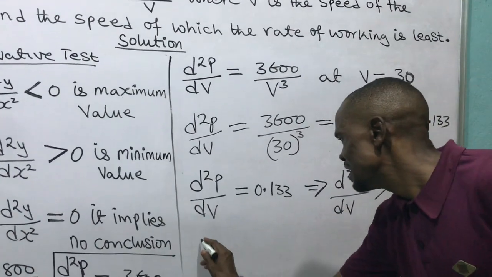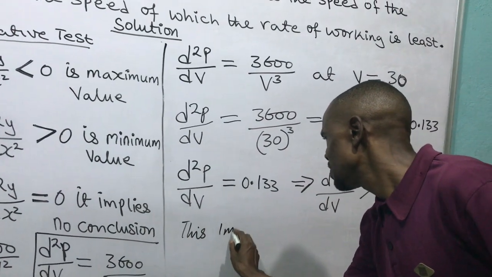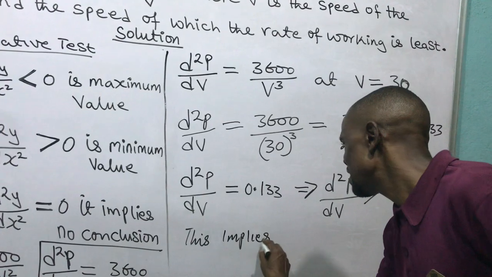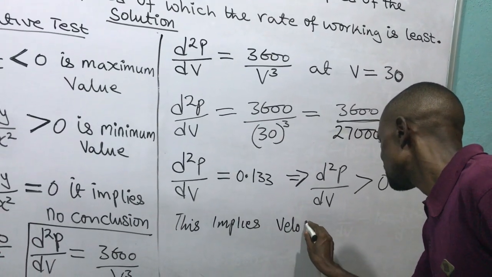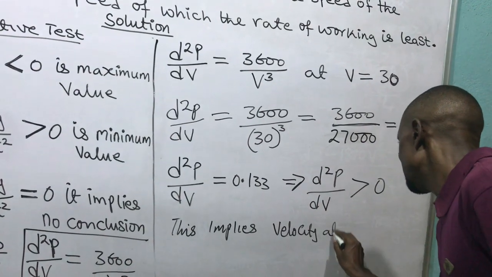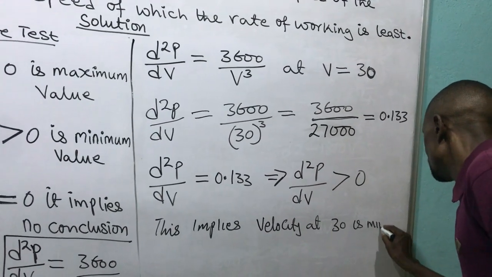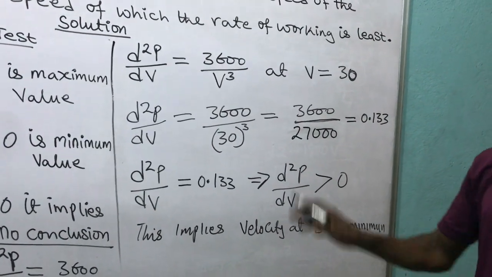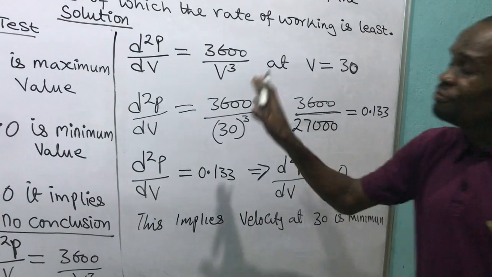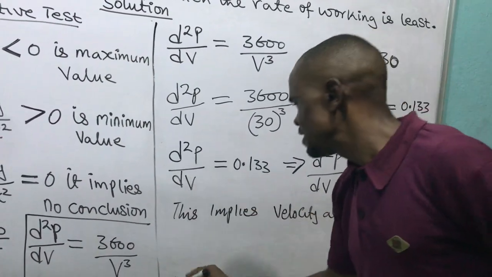That implies velocity at 30 is the minimum velocity of the engine, or the least speed of the engine. Again, let us take the second one.